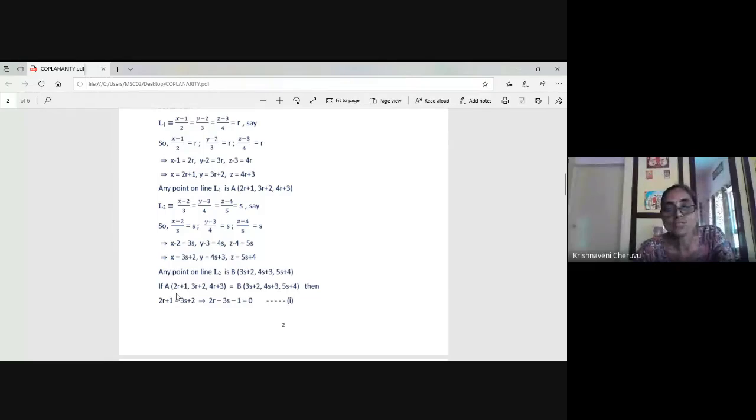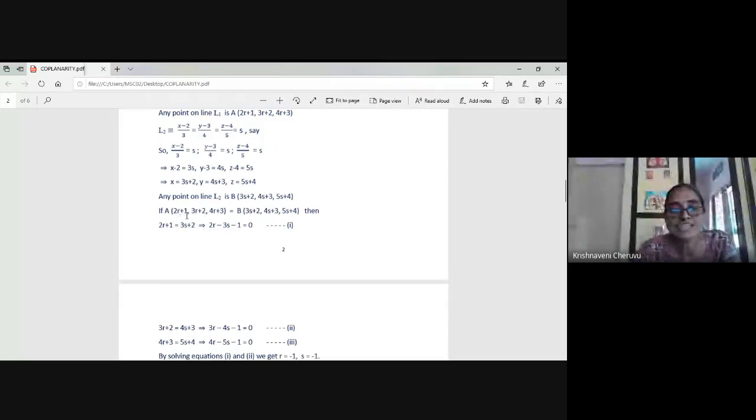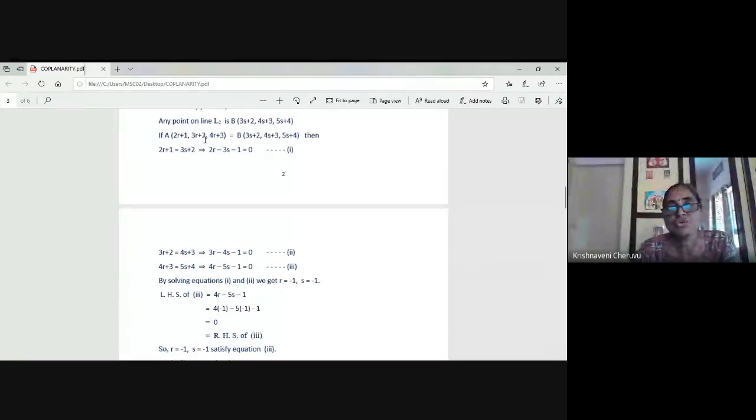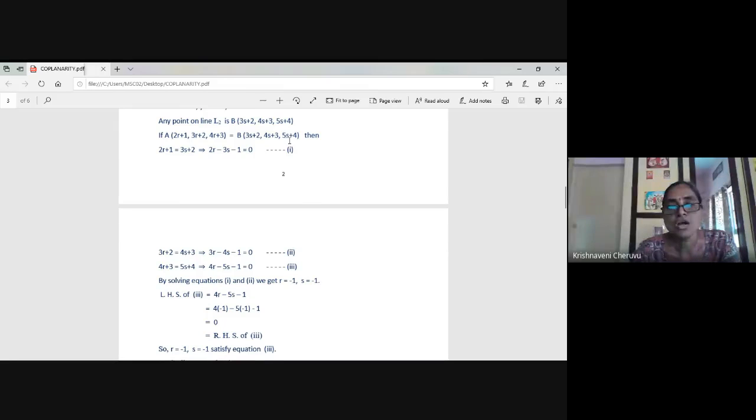Here 2r plus 1 is equal to 3s plus 2, 3r plus 2 is equal to 4s plus 3, 4r plus 3 is equal to 5s plus 4. So when you equate 2r plus 1 to 3s plus 2 and bring every term to one side, you have an equation in R and S. Likewise, equating 3r plus 2 and 4s plus 3 and bringing everything to one side, you get another equation in R and S. And when you equate the last coordinates, 4r plus 3 equal to 5s plus 4, you will get the last equation.